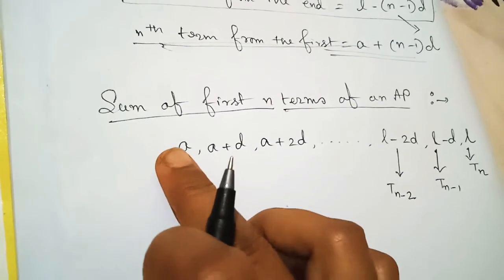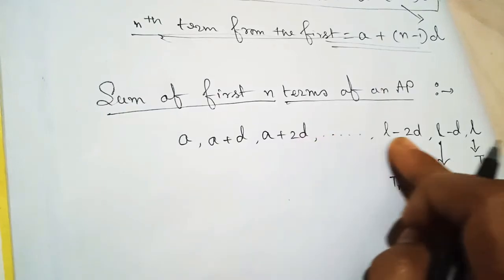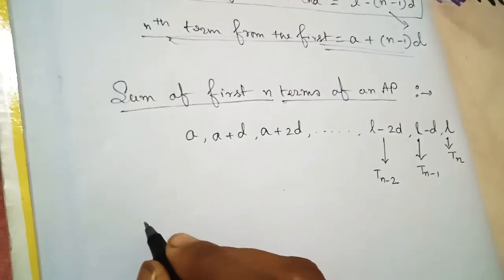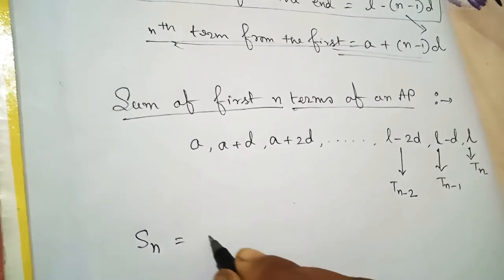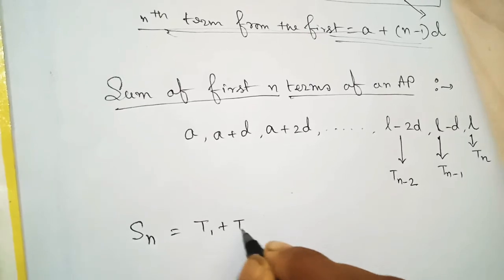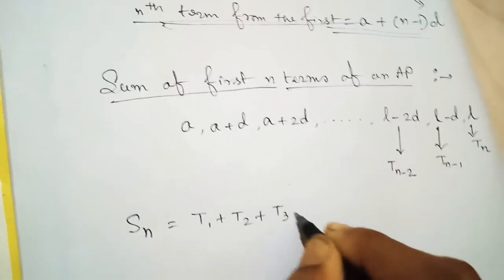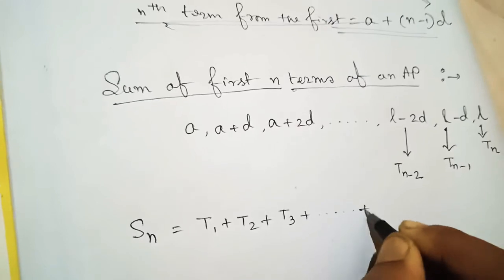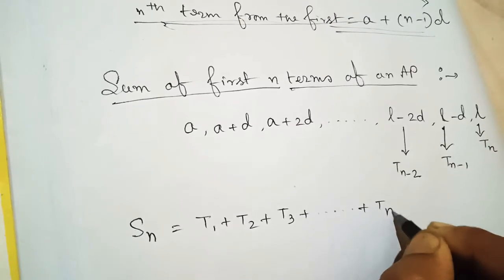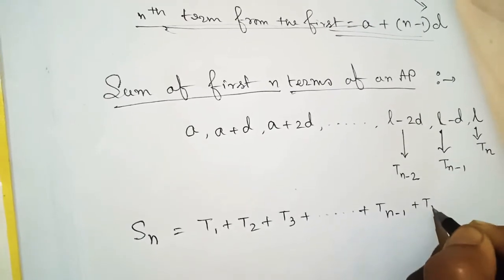So what we have to find out? We have to find the addition of all these terms: Sn equals T1 plus T2 plus T3 plus dot dot dot plus Tn minus 1 plus Tn, suppose.